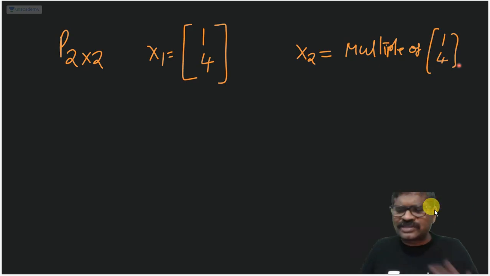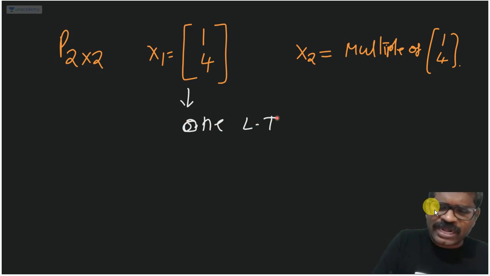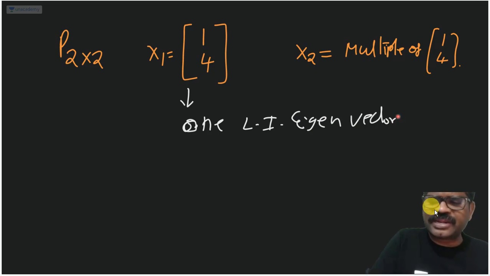It is not my assumption, they have given it. Sir, if one eigenvector is a multiple of another eigenvector, immediately you have to understand that there is only one independent eigenvector.